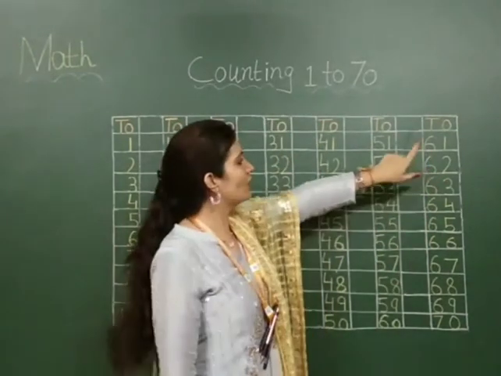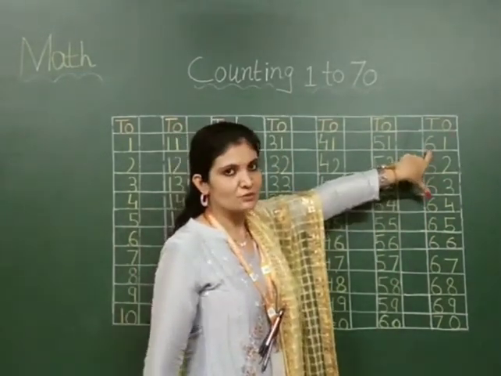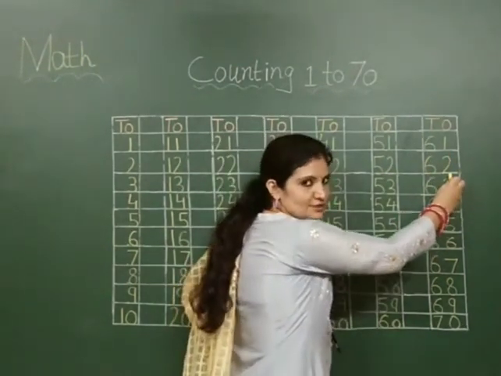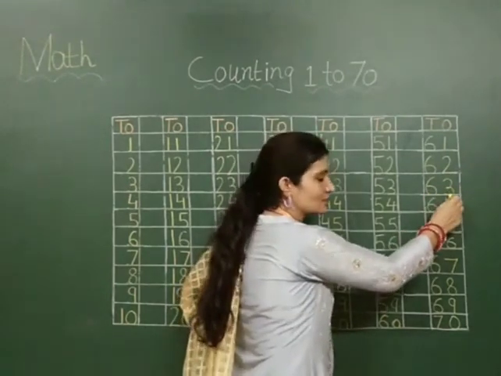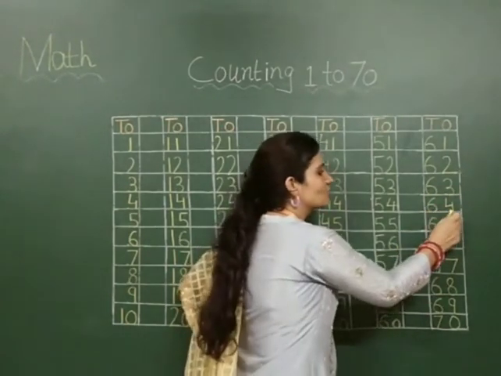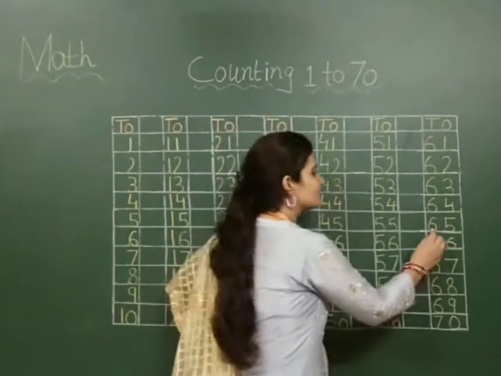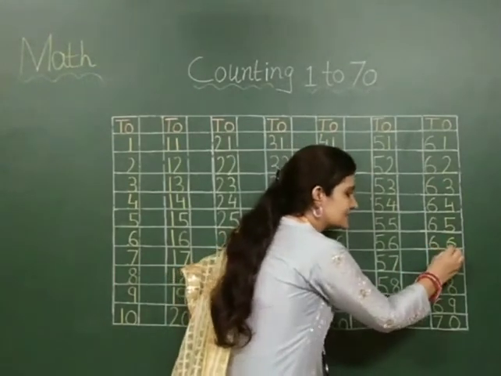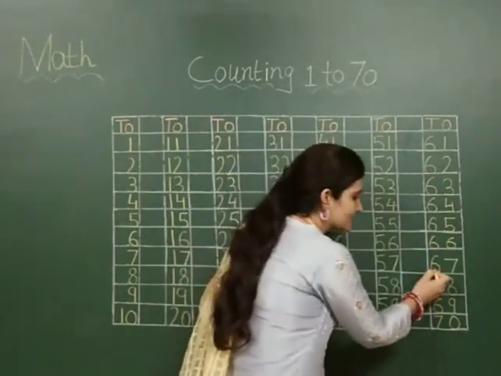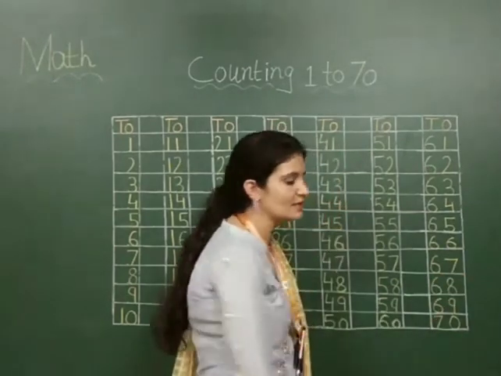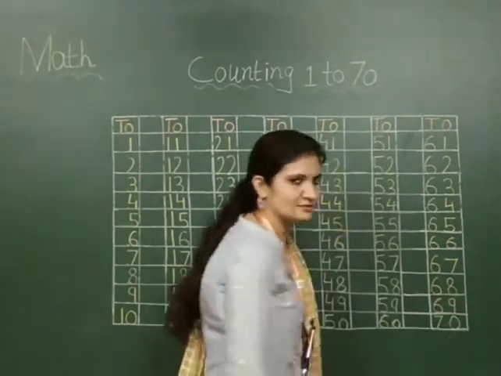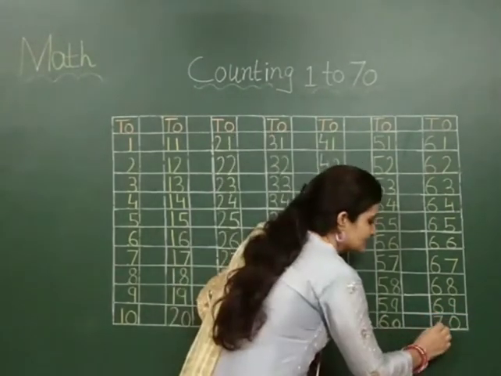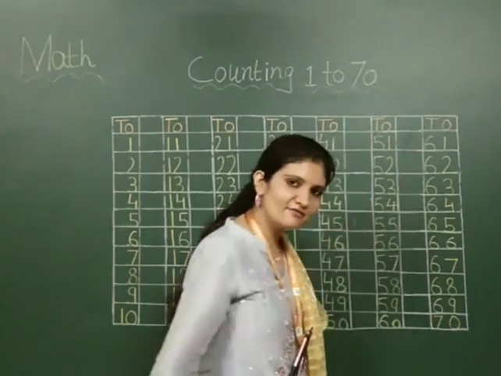Again we have to do a revision of this. 6, 1, 61, 6, 2, 62, 6, 3, 63, 6, 4, 64, 6, 5, 65, 6, 6, 66, 6, 7, 67, 6, 8, 68, 6, 9, 69, and then 7, 0, 70.